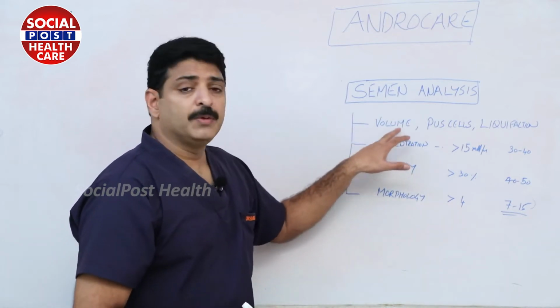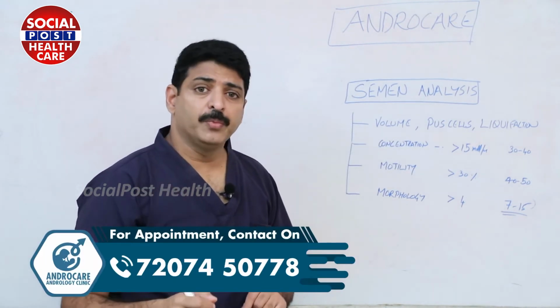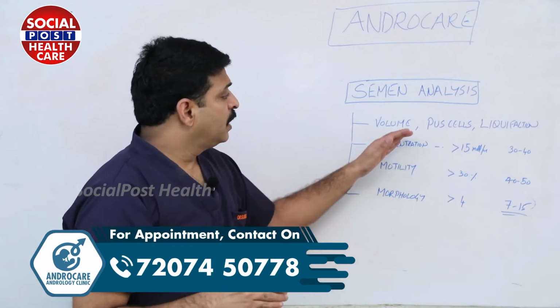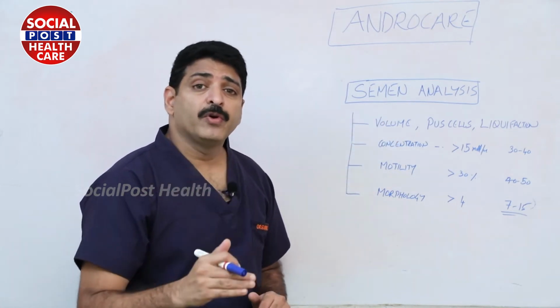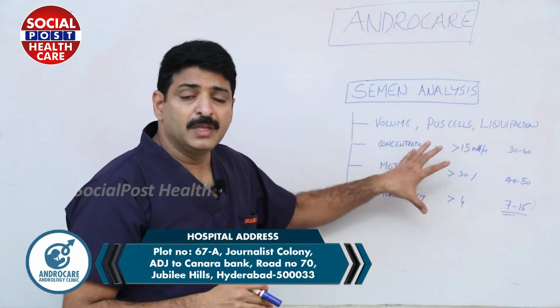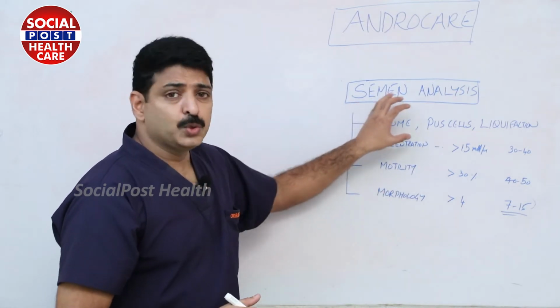The volume of the semen, the amount of ejaculate coming out, is very important. It should be more than 1.5 ml. If it is less than 1.5 ml, even if all other parameters are normal, the chance of natural pregnancy is very low. So this has to be improved.